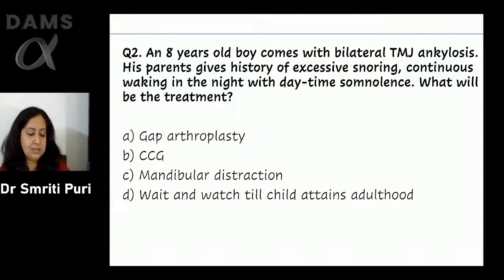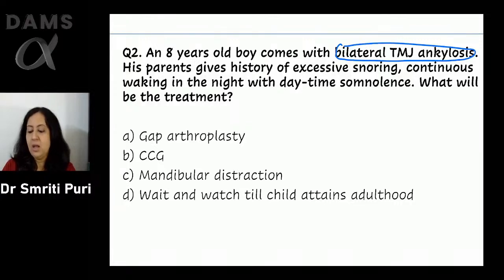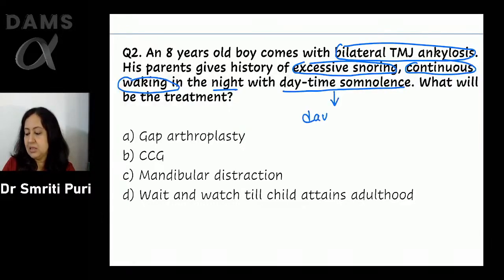Okay. Now let us see the question. Also note whatever things I'm circling or highlighting in the question are your keywords. An 8-year-old boy comes with bilateral TMJ ankylosis. Parents give history of excessive snoring, continuous waking in the night with daytime somnolence, that is daytime sleepiness.